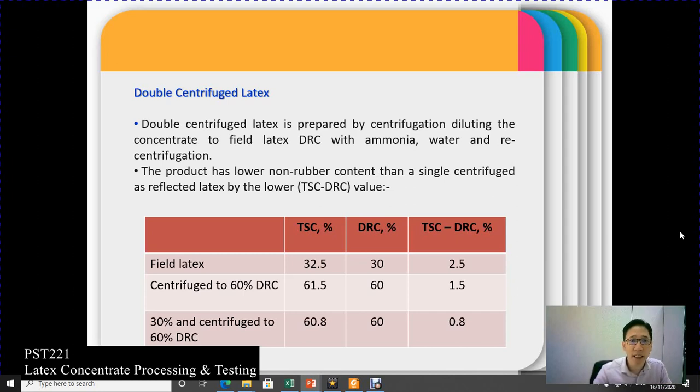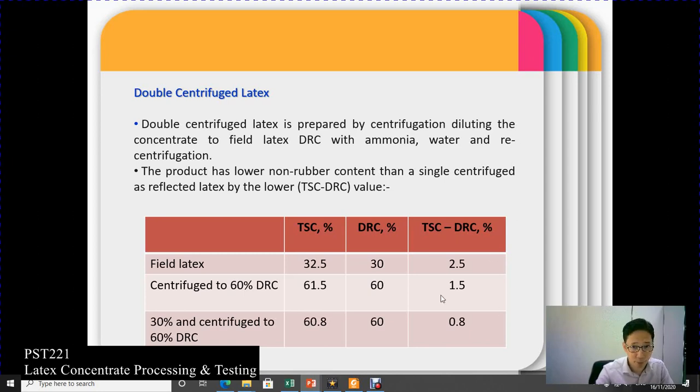Double centrifuged latex is prepared by centrifugation, diluting the concentrate of field latex, the DRC, with ammonia water, and recentrifugation. Okay, the product has less non-rubber content than single centrifuged latex, reflected by the lower TSC-DRC value.